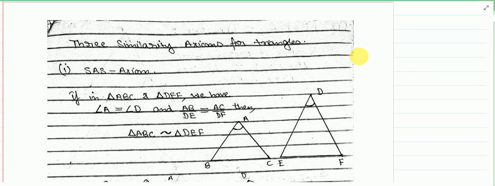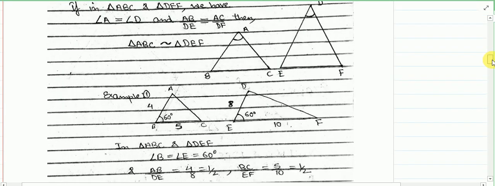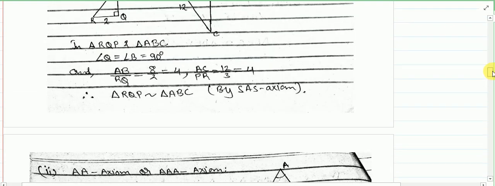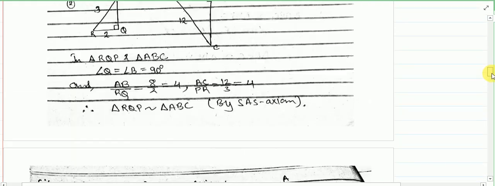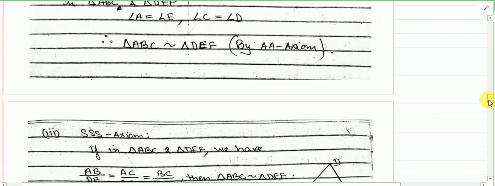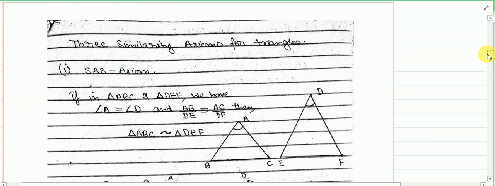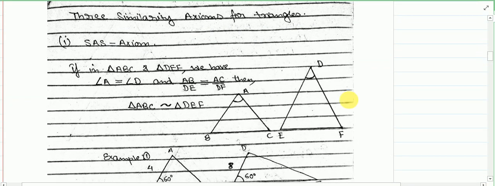So altogether there are here how many? 1, 2, 3. Altogether we have 3 conditions, or you can say axioms.